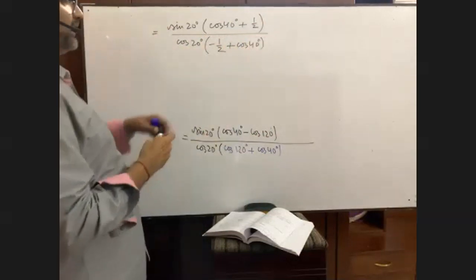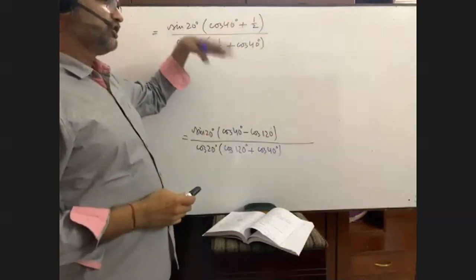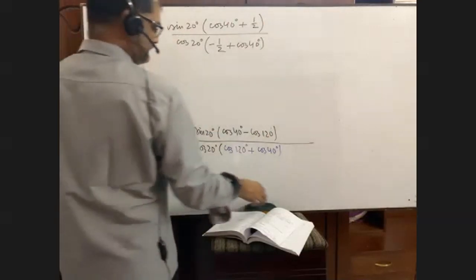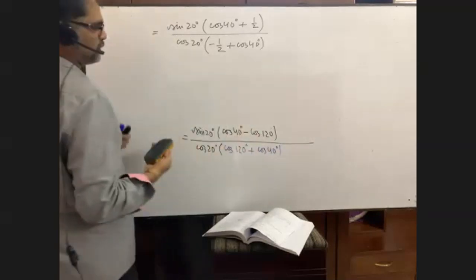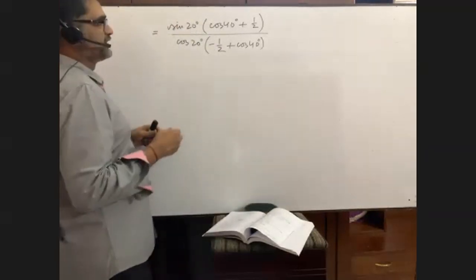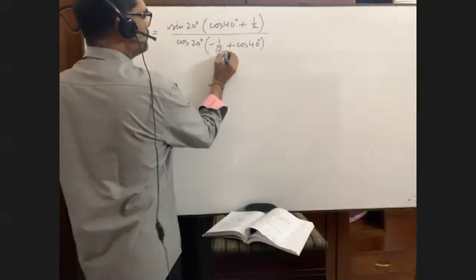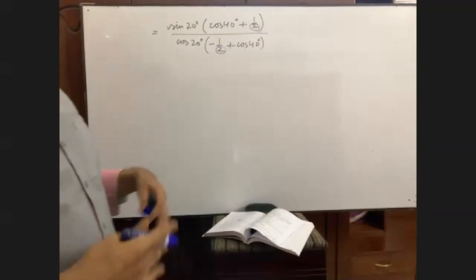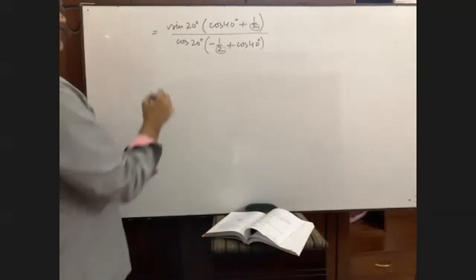My dear students, what I told you, can you remember? If there is a fraction of fraction like this, then what is to be done? Who can tell me? Okay, what is in the denominator? 2. 2 is the denominator. So we multiply all by 2.